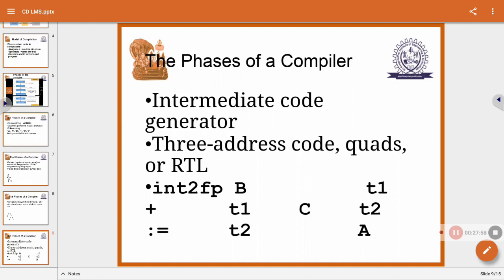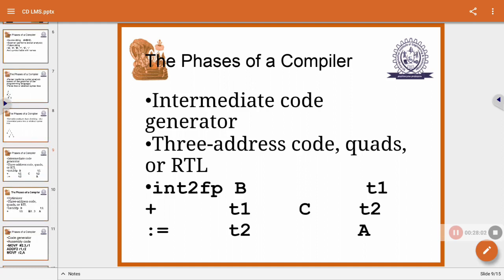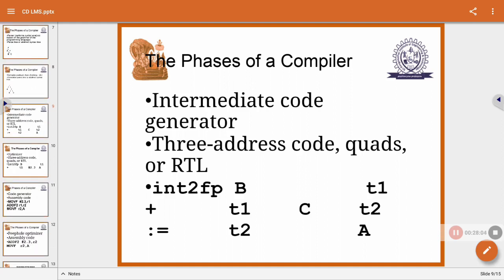Very simple. We see the initial code, and into it we add multiplication and movement: that is the opcode instruction. What are the phases? Lexical, syntax, semantic, intermediate code generation, followed by the code generator.